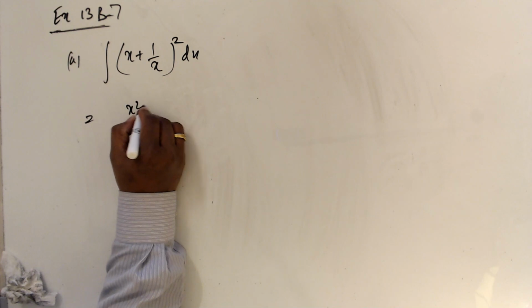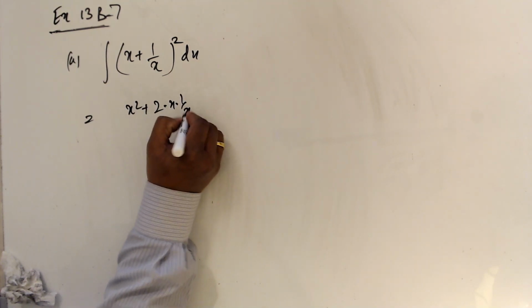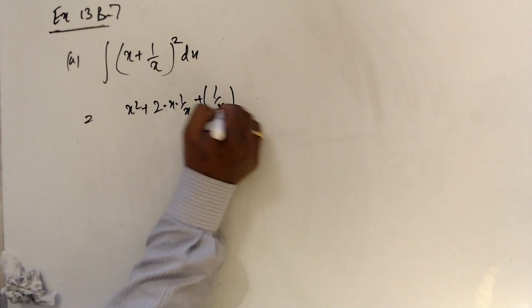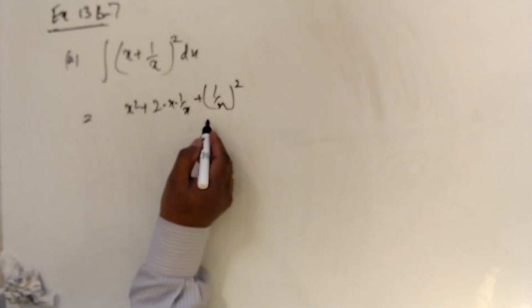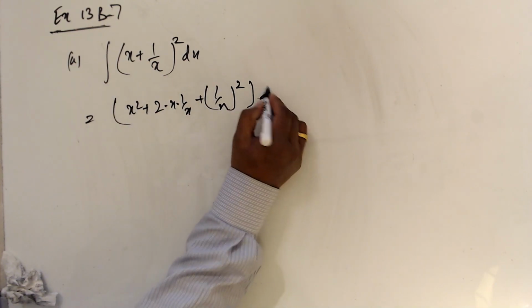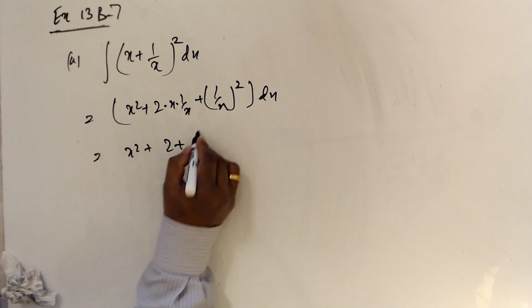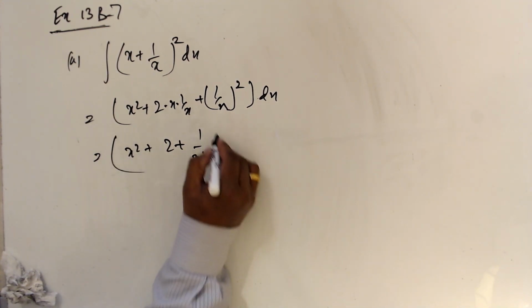This is x square plus 2 times x over 1 over x plus 1 over x square. I will expand this one. dx, this is x square plus 2 plus 1 over x square dx.